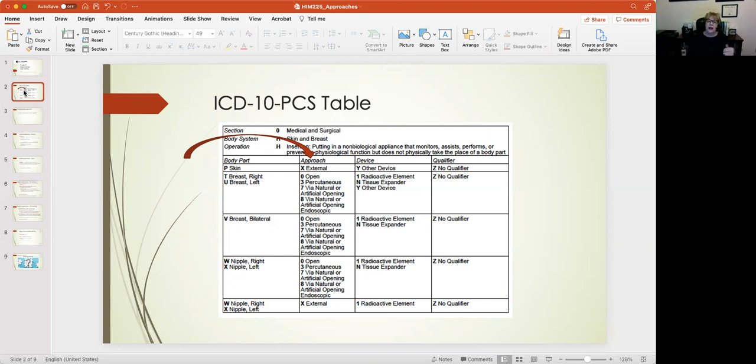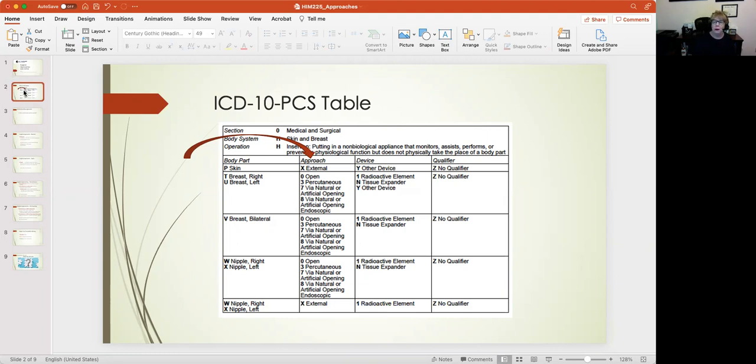The 2nd character is the body system, the whole system. And you will note that sometimes it is not a complete body system as you learned in anatomy and physiology, because as you can see here on our example table, this body system is skin and breast.